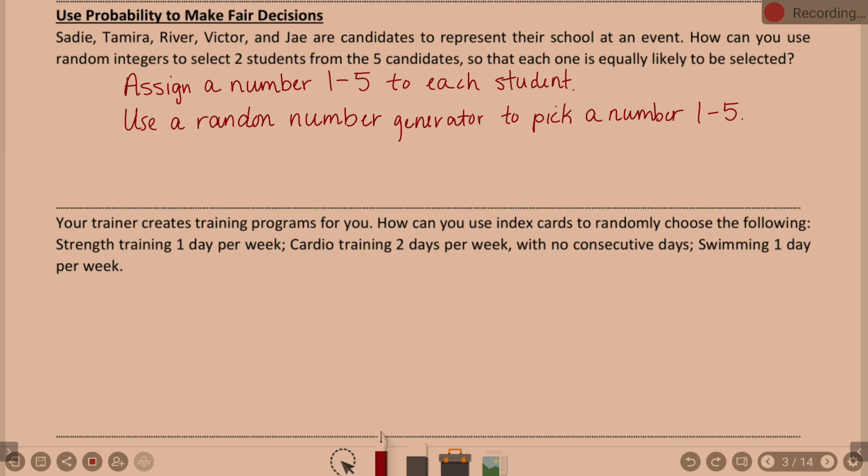Now, how do we decide which days of the week we're doing this? Whenever you feel like it. I mean, it is swimming 1 day per week, cardio 2 days per week, and strength training 1 day per week. Weekdays only? I still have 1 extra day.